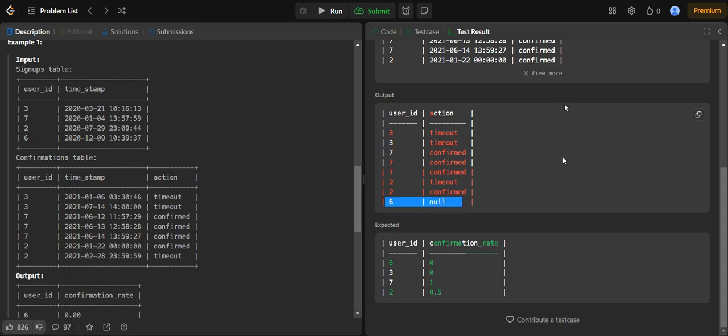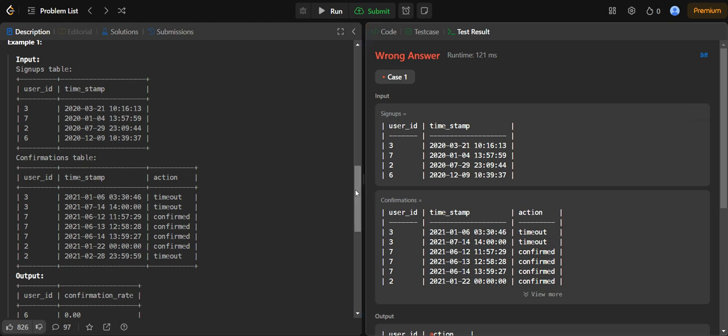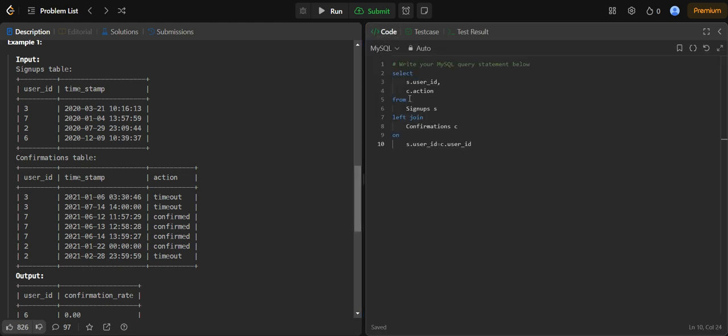Now what will I do? I'm going to build a column on the basis of the action column. Whenever this action column is equal to confirmed, I want 1, else I want 0.